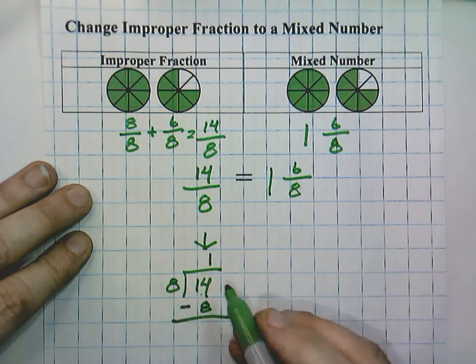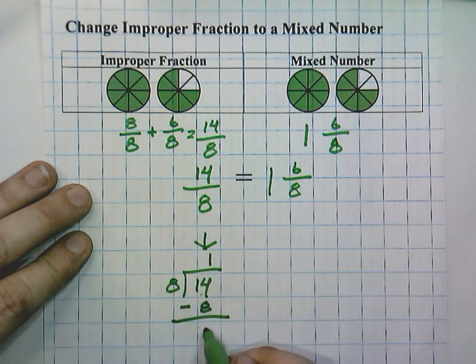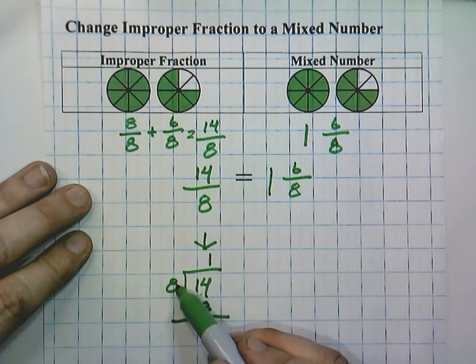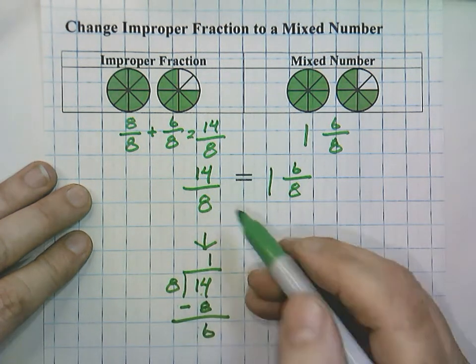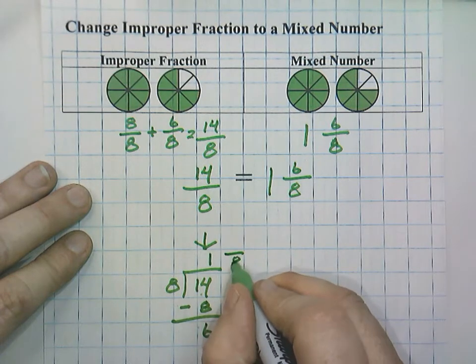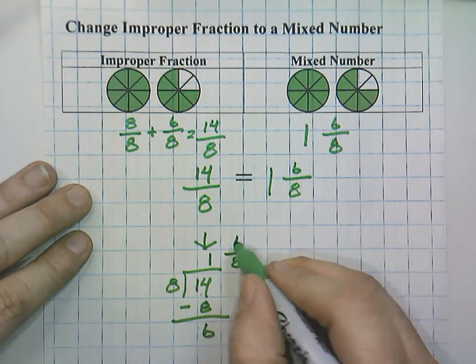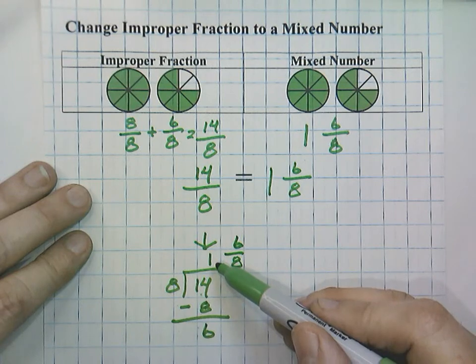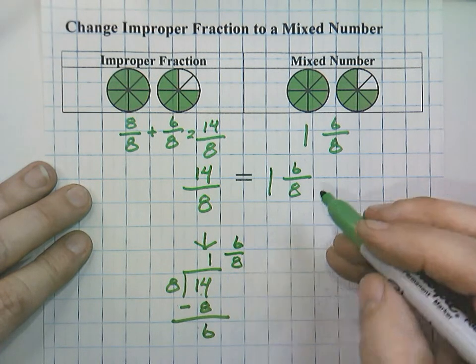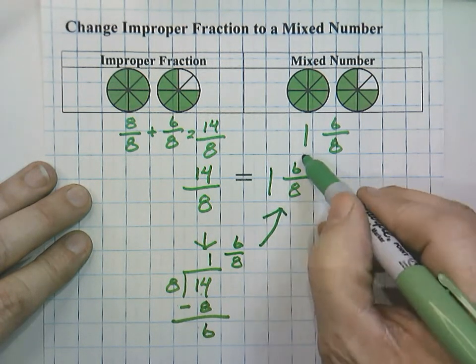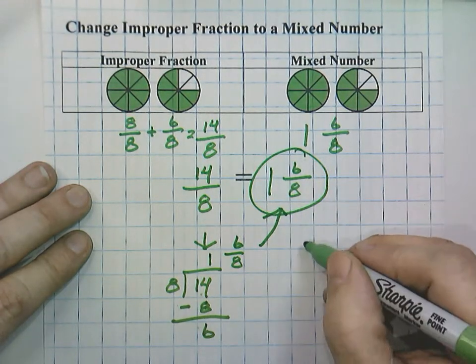Then we subtract. 14 minus 8 would be 6. This is our remainder. But because we're dealing with fractions, our denominator is eighths. So we would have 6/8. So our mixed number is 1 and 6/8, which you can see matches what we have up here.